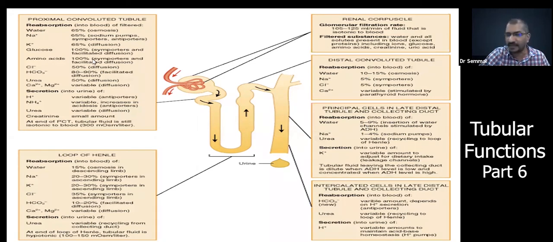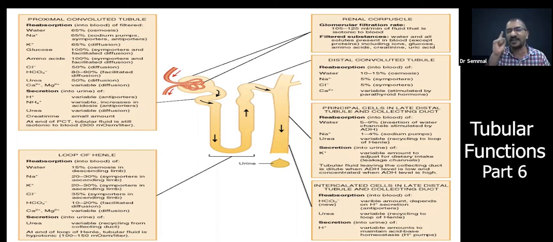Let us put some numbers. 65 here, 15 here, 65 plus 15, 80. Distal convoluted tubule 10, 90. And in the collecting duct 9, 99. So what is remaining? 1.